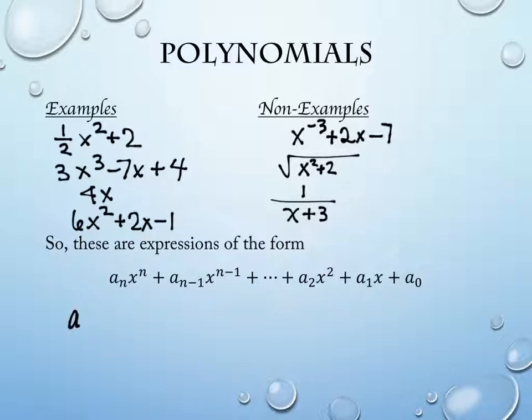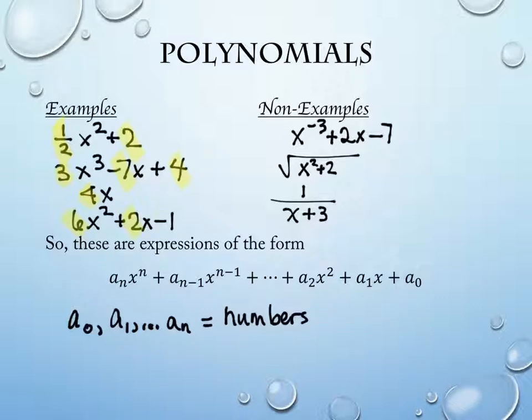All of these things that are the a's, a0, a1, all the way up to an, these are just numbers. Okay, so like in my examples, they're the 2, the 1/2, the 7, the 6, the 4, the 3, the 4, the 2.